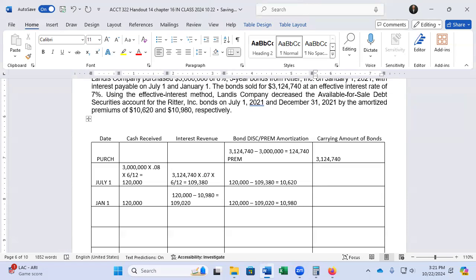Okay, and so what happens to the carrying amount? It decreases as we get towards having to pay it off. And so minus 10,620 equals 3,114,120. And here, 3,114,120 minus 10,980 equals 3,103,140.